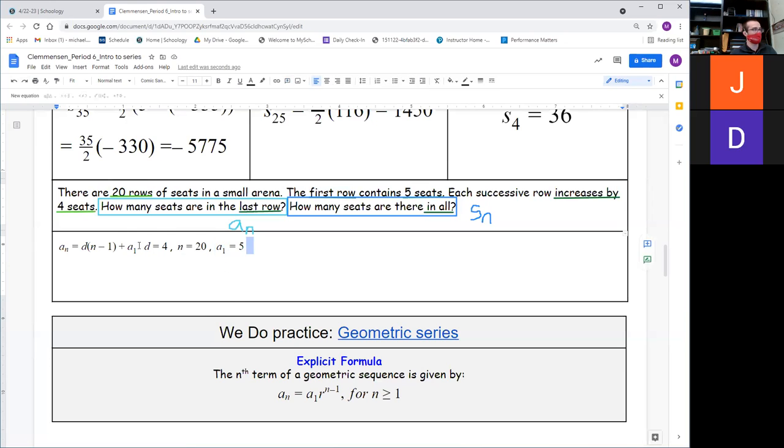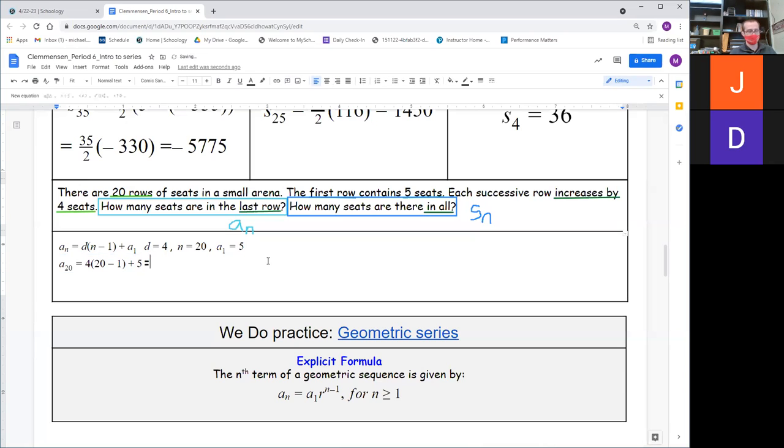So now that we have all this, we can plug in our numbers. Control copy, control paste. Replace my a sub 1 with 5, my n with 20, my d with 4, this 20 as well.